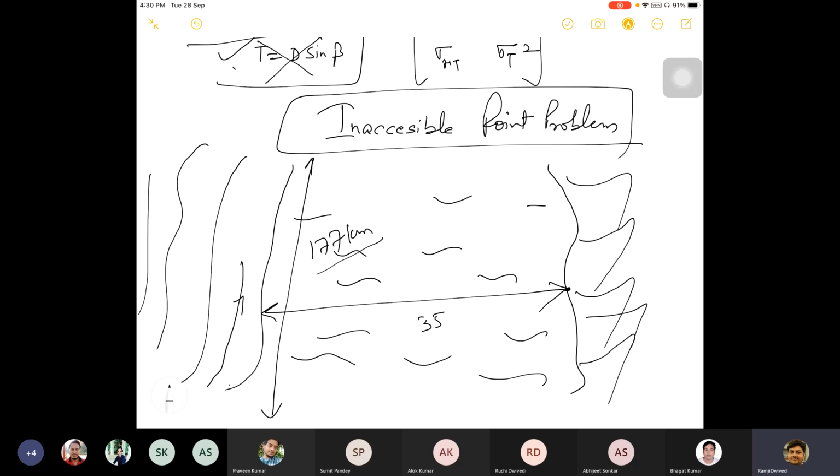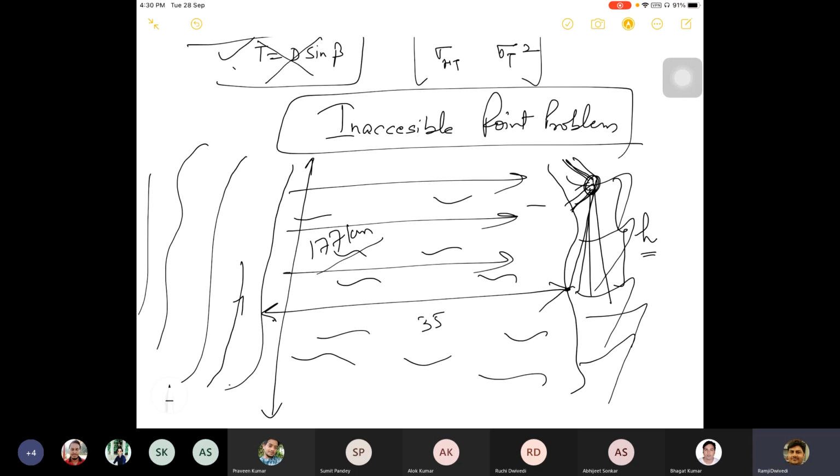Let's say there is a light tower on this side. I want you to measure the height of this light tower. You cannot move in this direction.